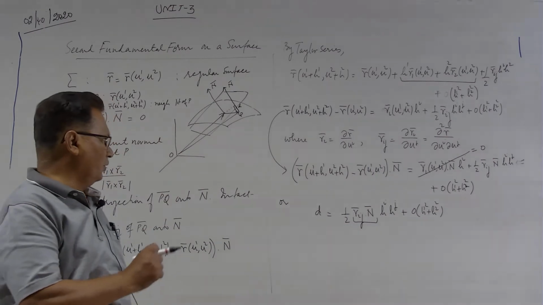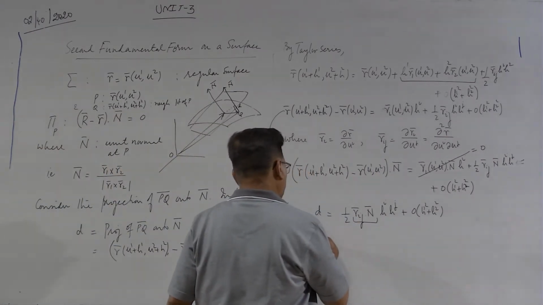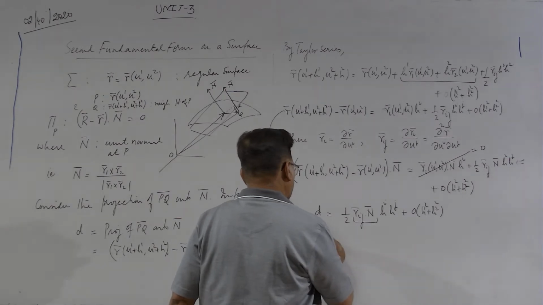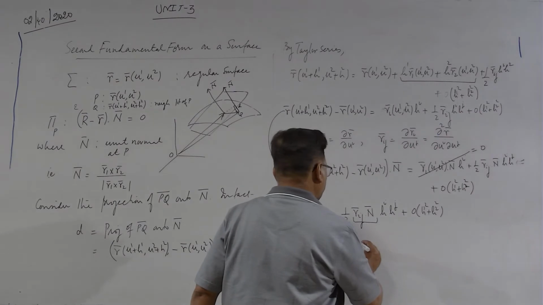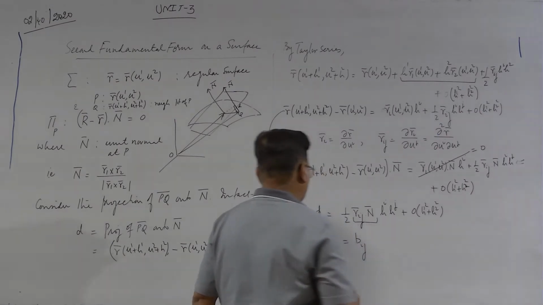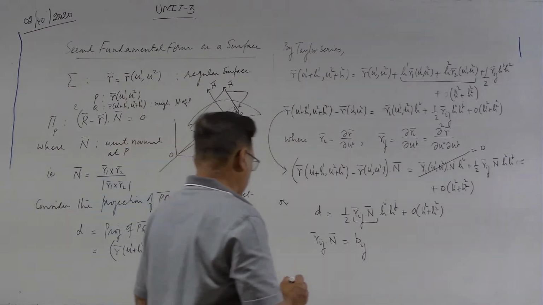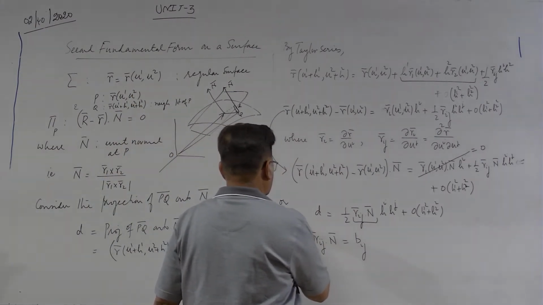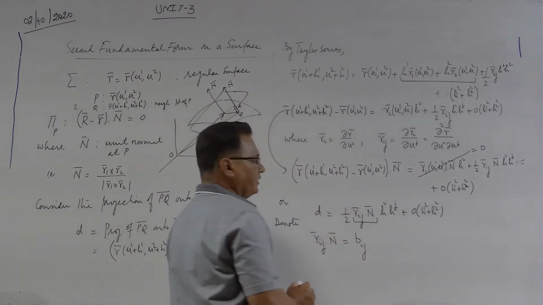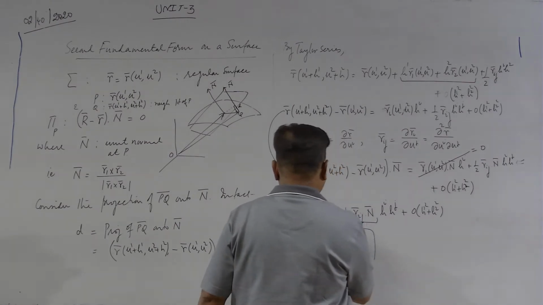So, let us get hold of this quantity. Let us denote this quantity r_ij dot n by a symbol b_ij. It depends on the indices i and j. So, denote r_ij dot n by the symbol b_ij.